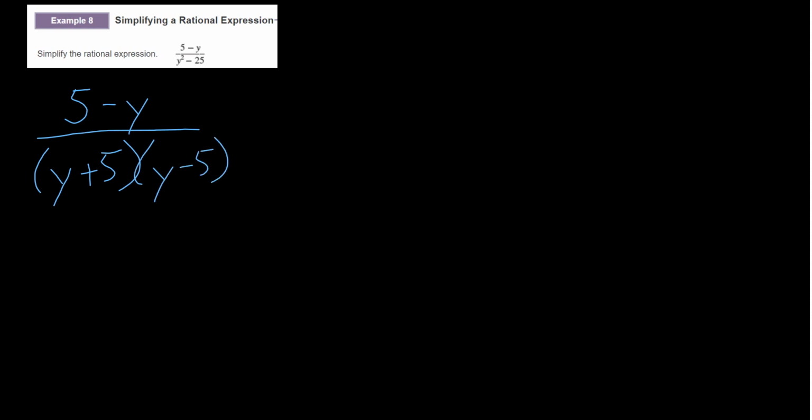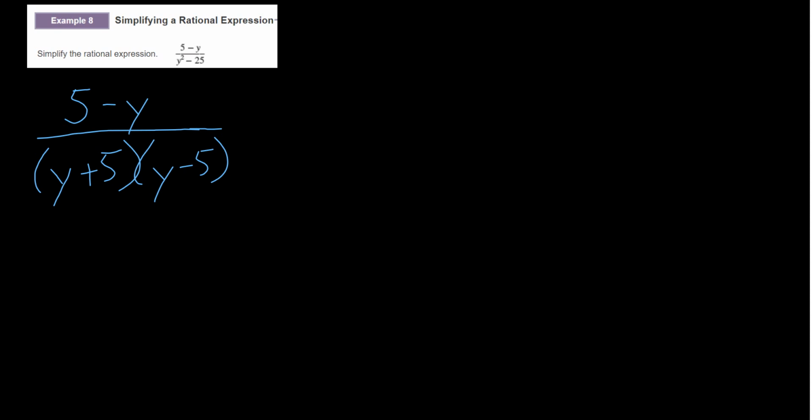Okay, so simplifying the radical expression. We got 5 minus y over, well, that denominator again is a difference of squares, so we're going to say y plus 5, y minus 5.